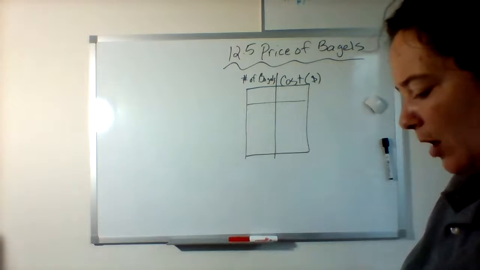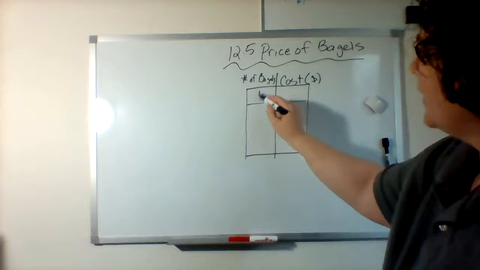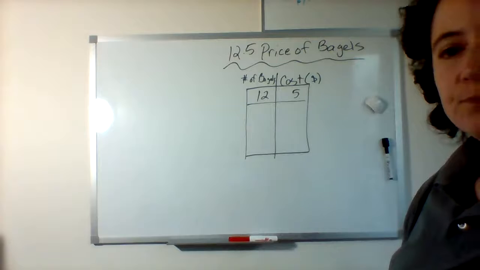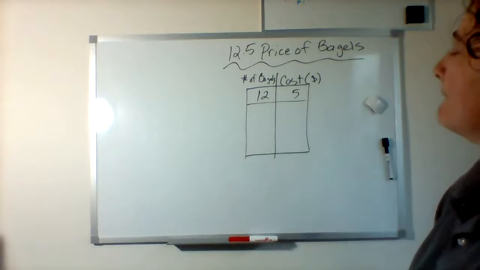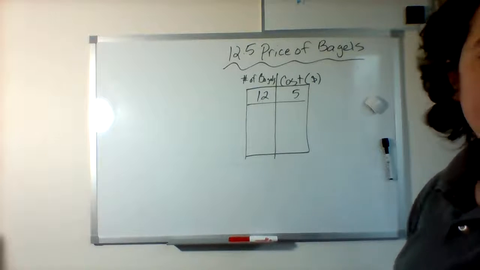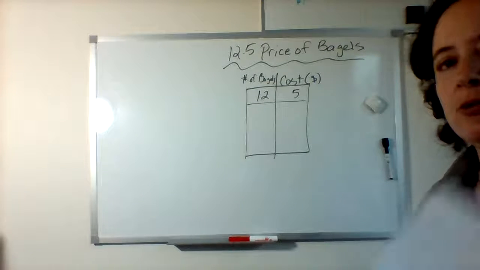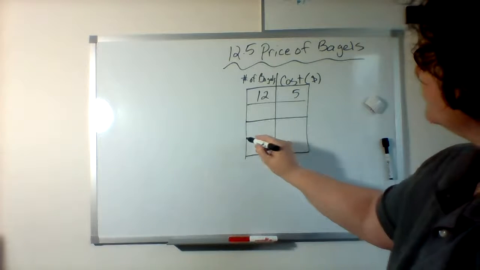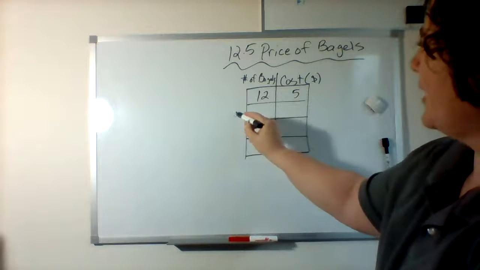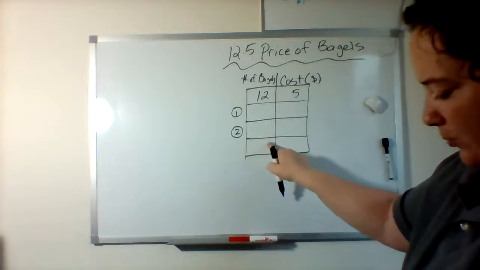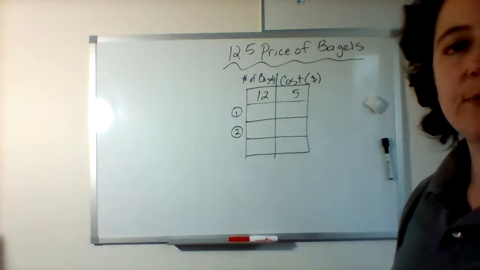And they started us off with a rate that you could get 12 bagels for $5. Now, they're saying to use the table to answer numbers 1 and 2. So if I put number 1 here and number 2 here, I simply need one more equivalent ratio.